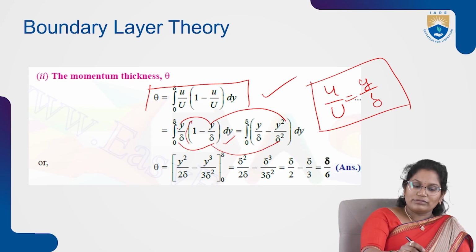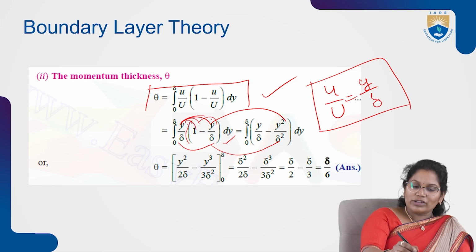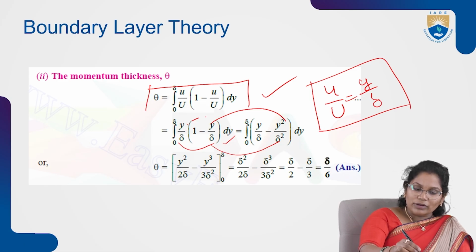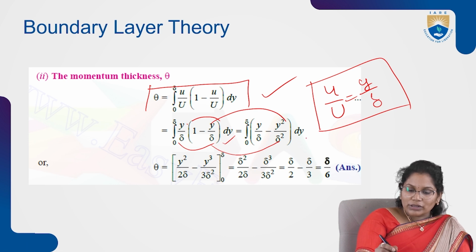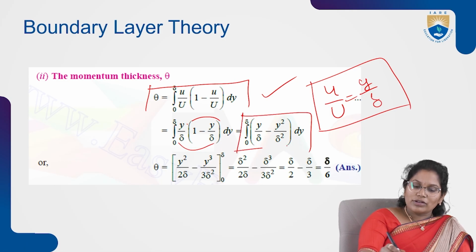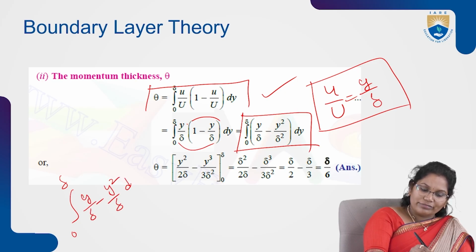So we have to integrate this: integration from 0 to delta of y by delta minus y square by delta square into dy.